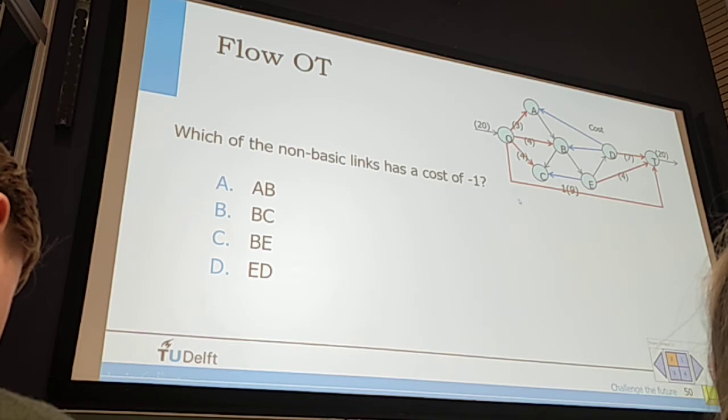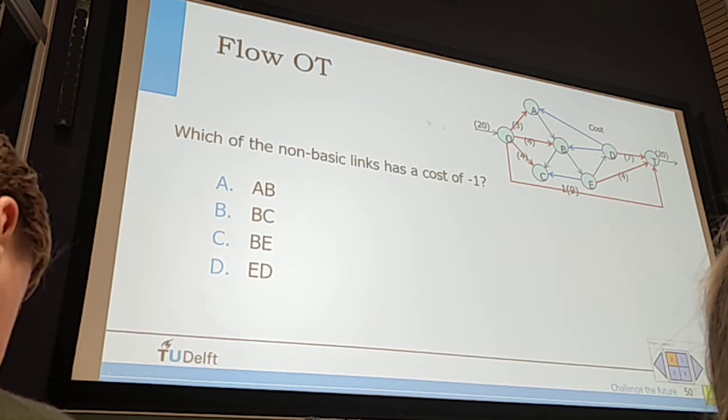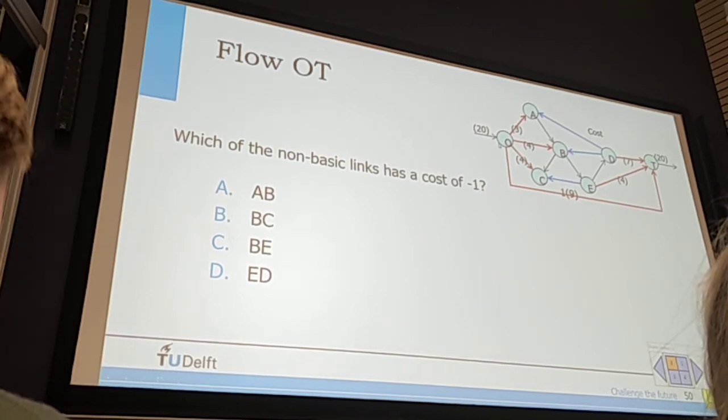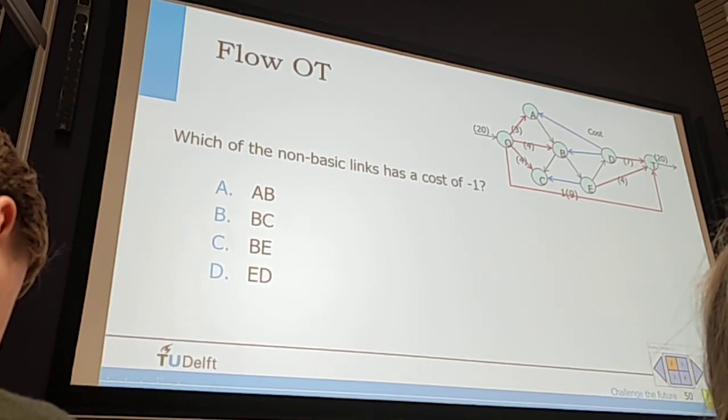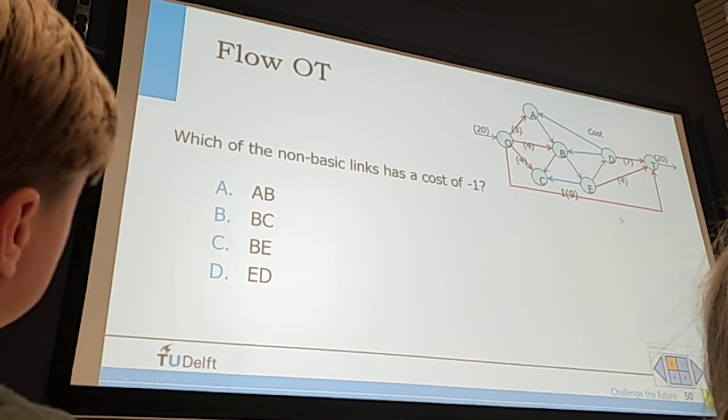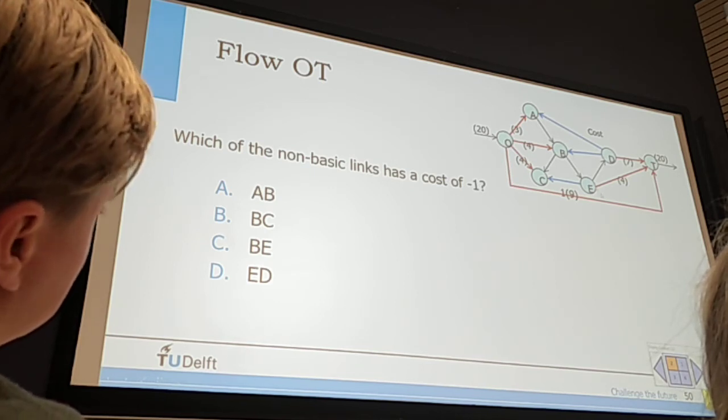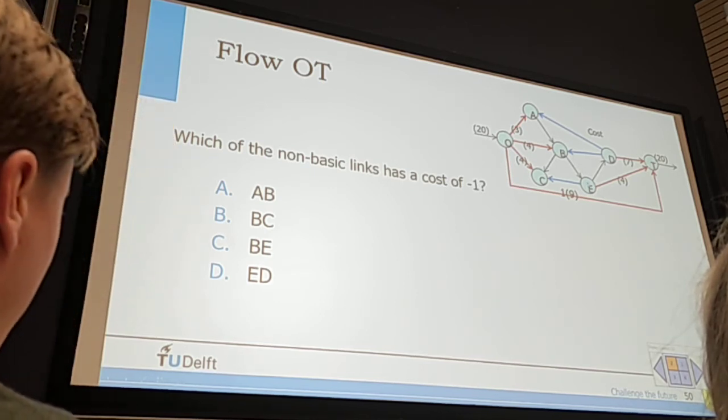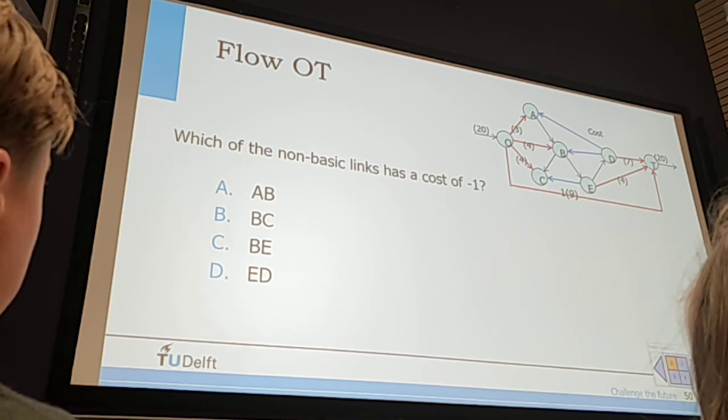So that will not decrease the flow over OT. BE, however, if we increase the flow over BE, we'll create a flow in this direction, and that will decrease the bypass flow. So by adding flow over BE, we will reduce our cost by 1.